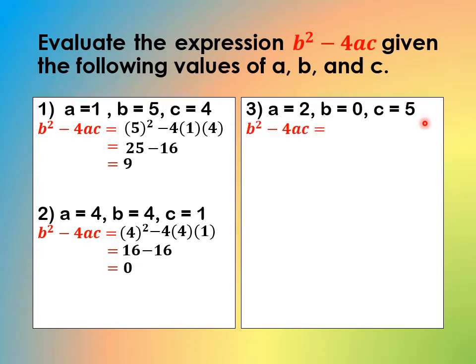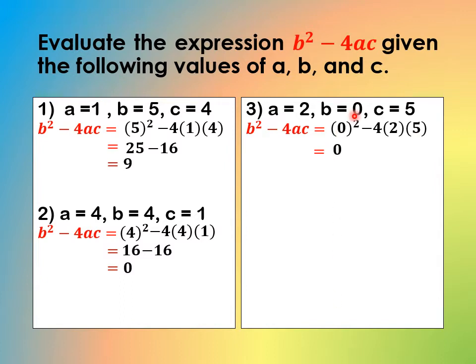Okay. So, again, evaluate. Ano ang B natin? Correct, that is 0. So, we have here 0 squared minus 4 times ang A na 2. Okay? Times ang C na 5. Okay? So, 0 squared.